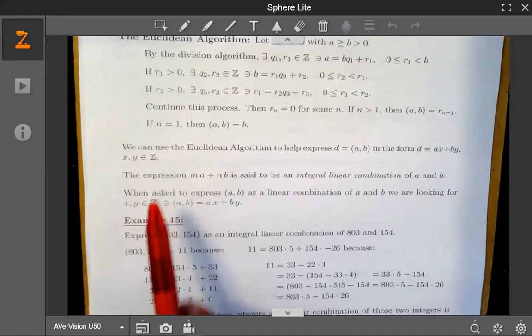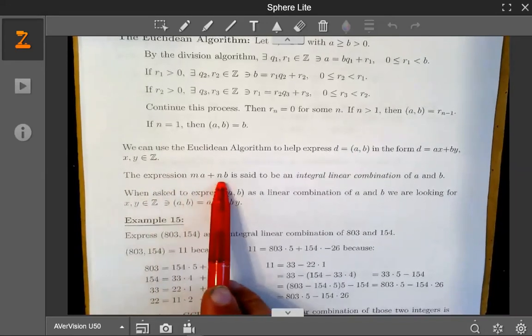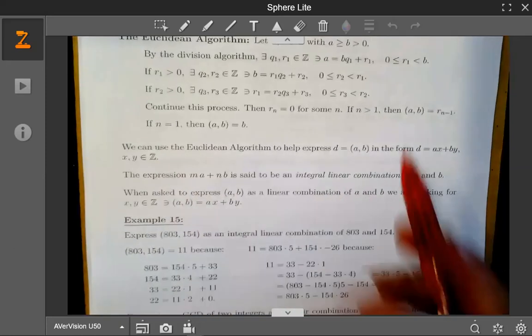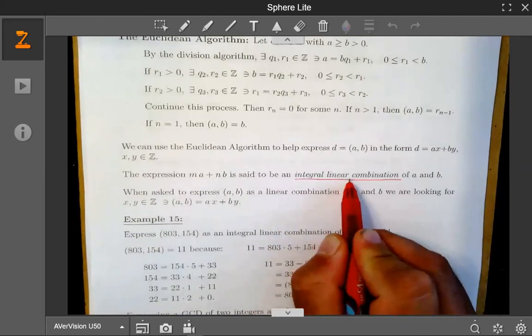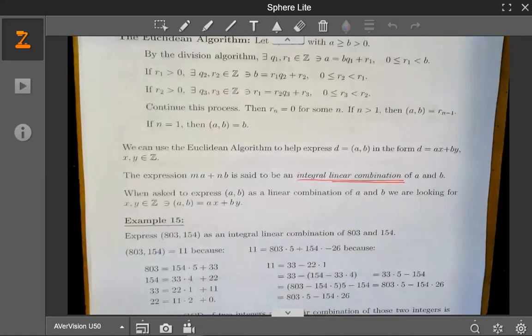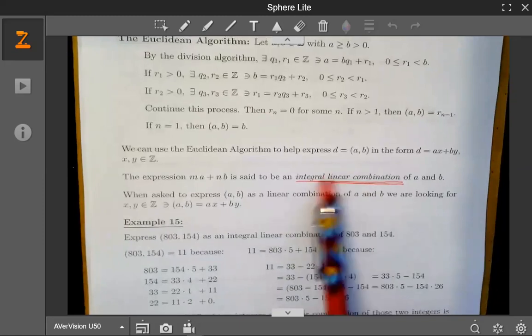Now, this expression, ma plus nb, m times a plus n times b, is said to be an integral linear combination of a and b. A lot of times that just gets shortened to a linear combination of a and b, but it's important to be familiar with the terminology.